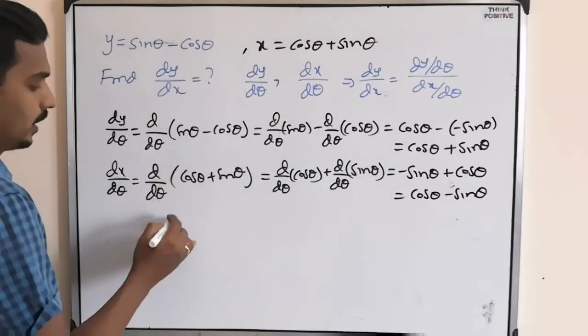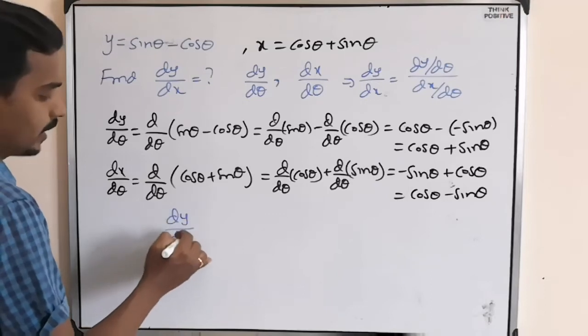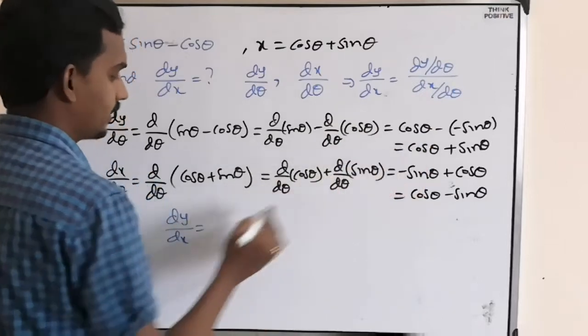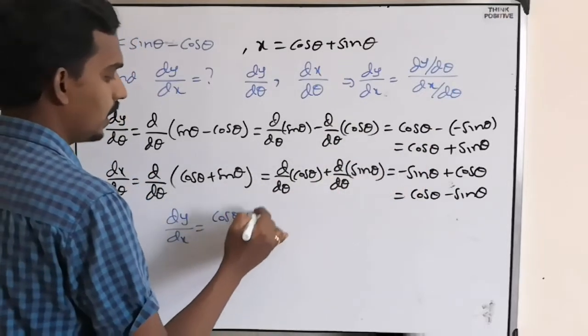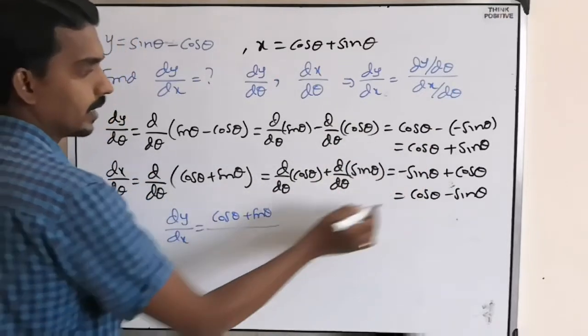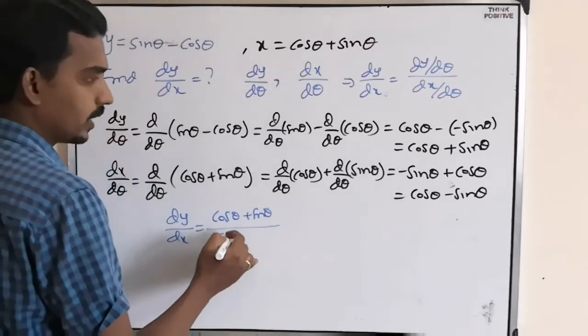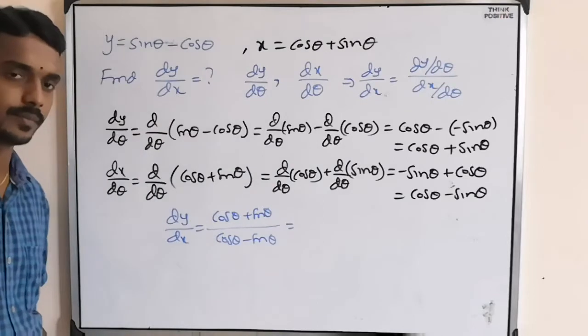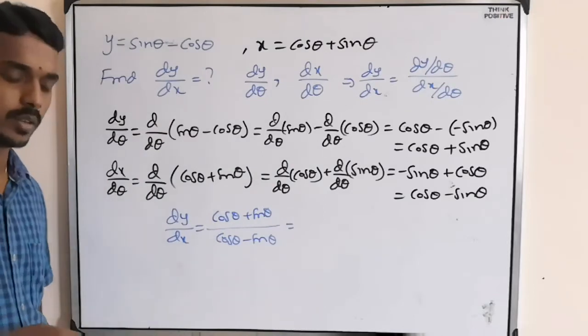Then dy by dx equals dy by d theta, that is cos theta plus sin theta, divided by dx by d theta, that is cos theta minus sin theta. So this way you can do it.